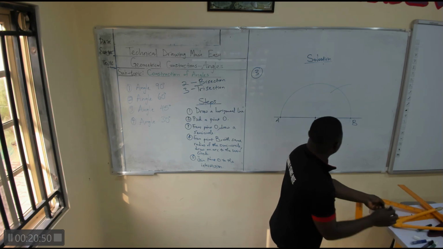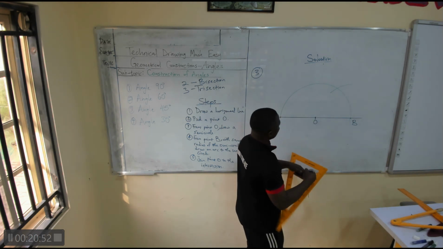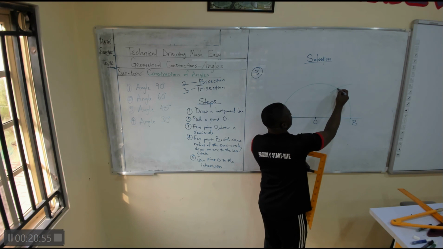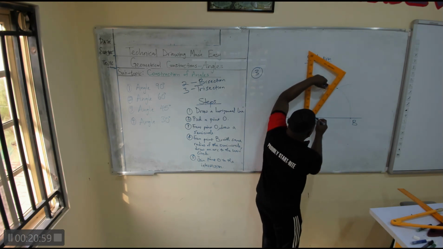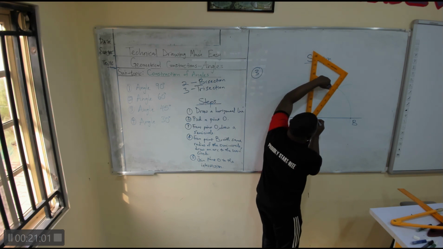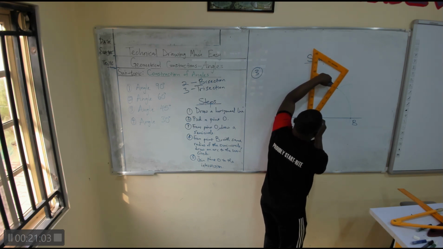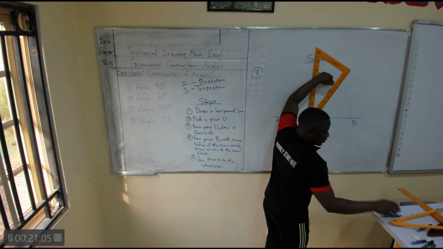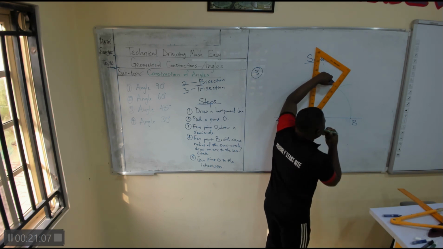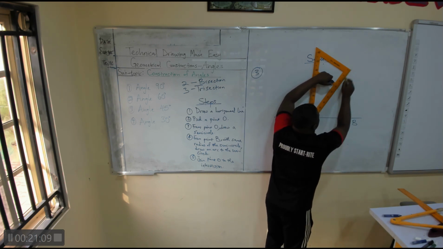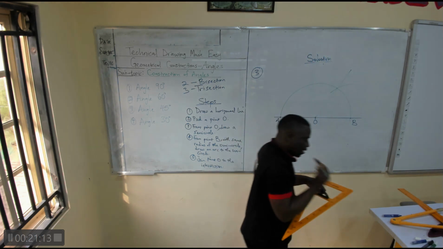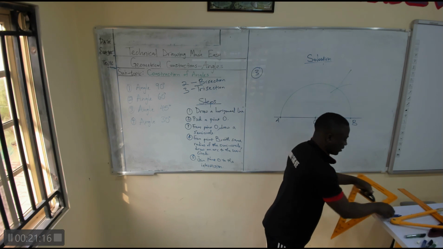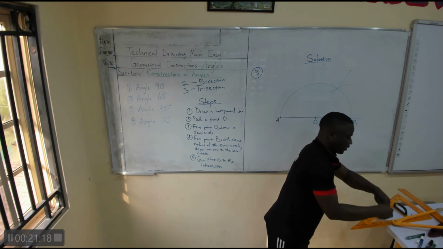So the next step is for me to join the point of intersection of the semicircle and the arc with point O, which is the point of origin. So I'll join it like this. Good. So I have my point 60.